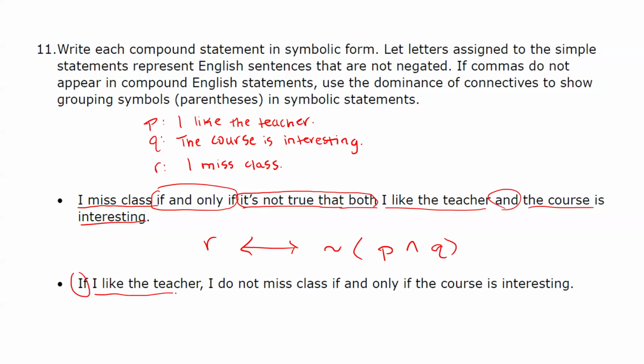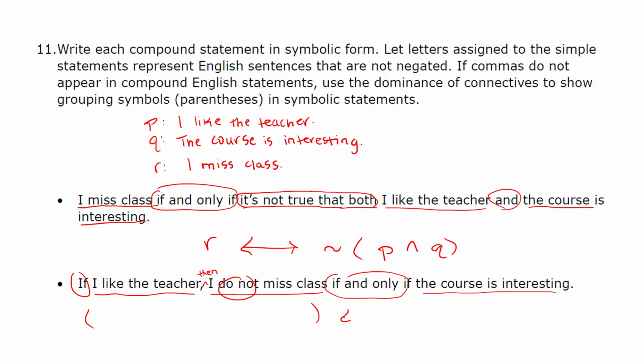If I like the teacher, I do not miss class, if and only if the course is interesting. Okay. So if I like the teacher, I don't miss class. So this is an if then, even though then is not present in the statement. Okay. So we have a grouping here. Okay.